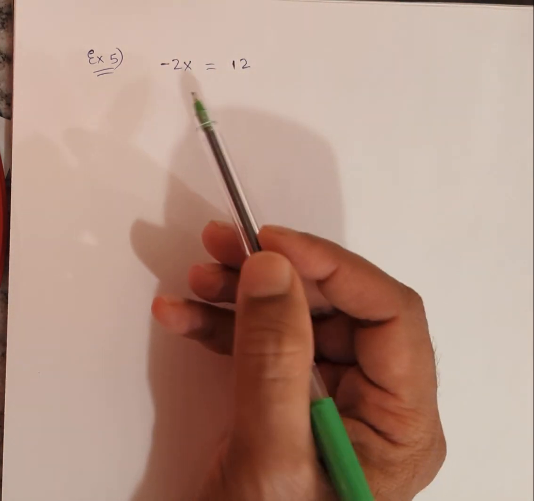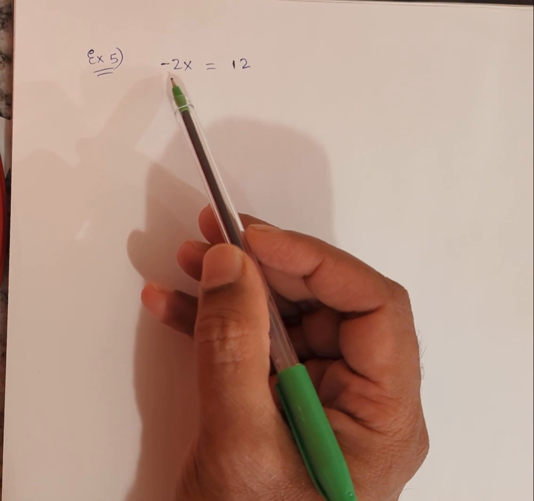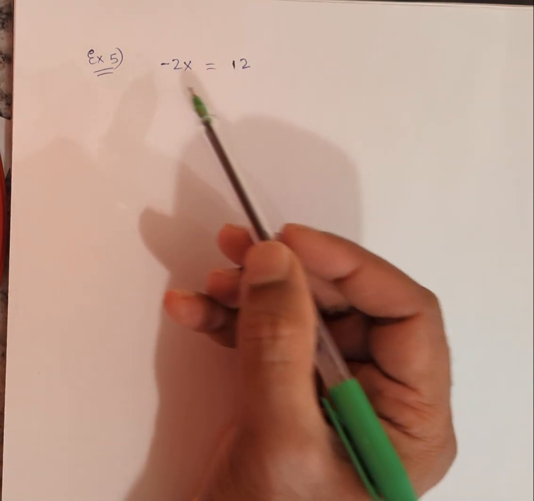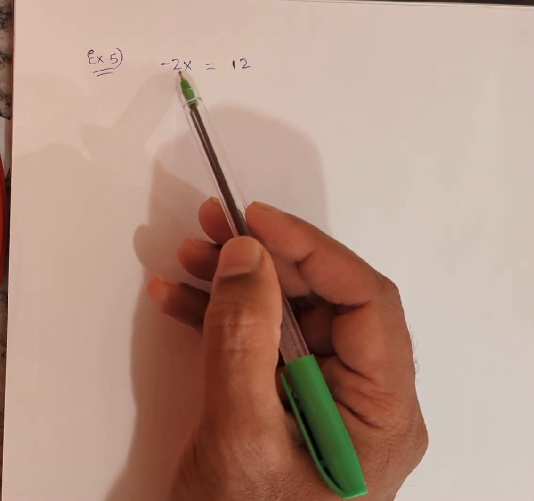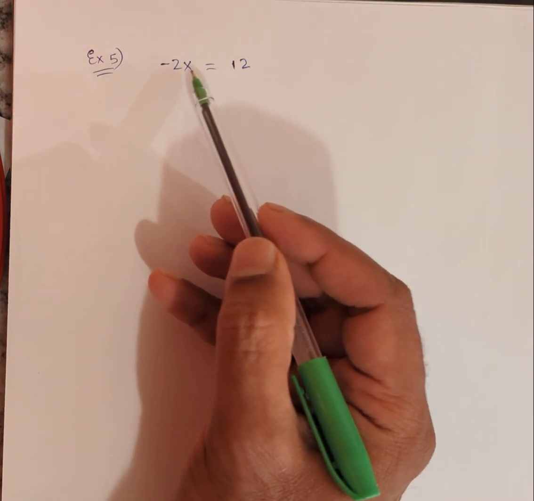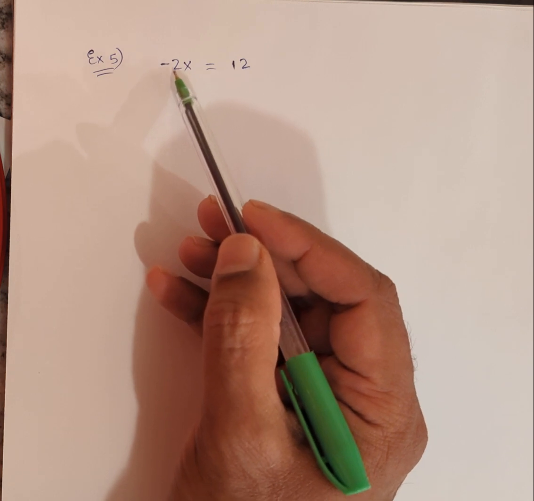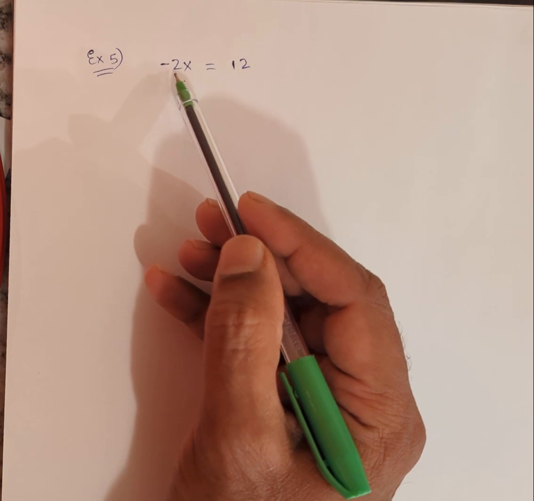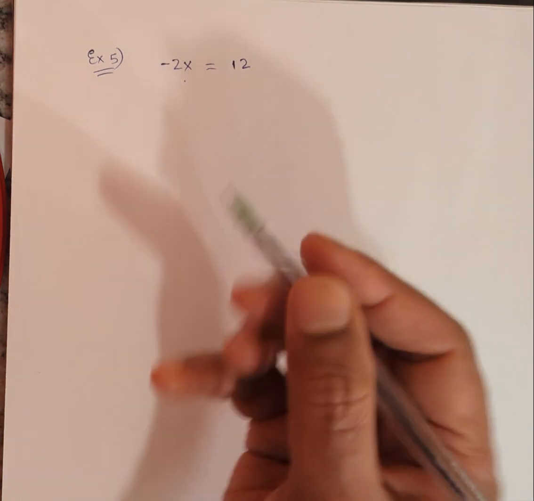Now, the moment some students see negative 2, they think of adding a 2. But really, what is negative 2 doing to x? You're multiplying negative 2 times x. So you've got to do the division.